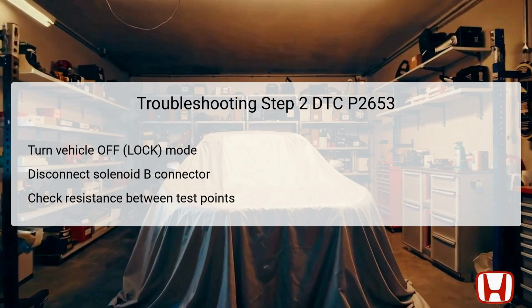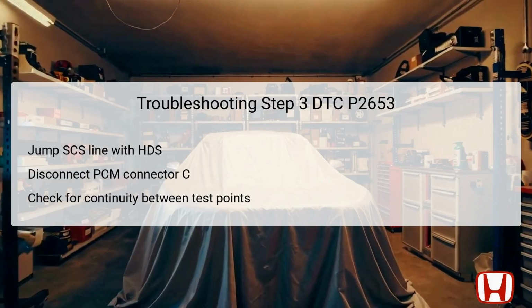Specifically, you should check between test point 1 and test point 2 while the vehicle is in the off mode. The resistance should be within a range of 10 to 20 ohms at room temperature for the solenoid to be deemed operational. If these conditions are not met, it is necessary to move to the next steps for possible replacement.